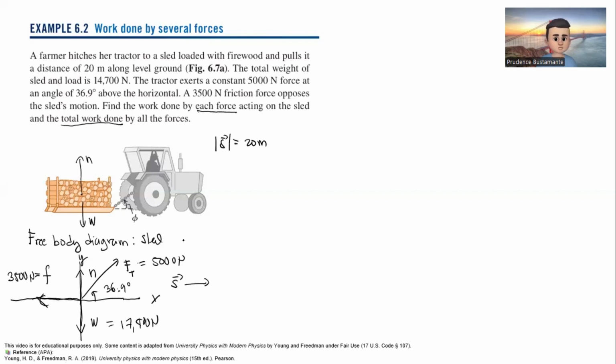Okay. So what is now the work done by each of the forces? Let's start with the normal force. The work done by the normal force N is equal to the force times the displacement, defined to be the magnitude of N times the magnitude of S, which is 20 meters, times the cosine of the angle between them.